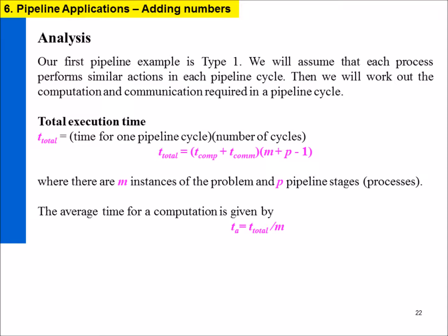So this is where m is the number of instances of the problem and p is the number of pipeline stages, where p is the number of processes. Then the computation and communication time is given by tcomp and tcom respectively, and the average time for computation is given by TA equals T total divided by m.